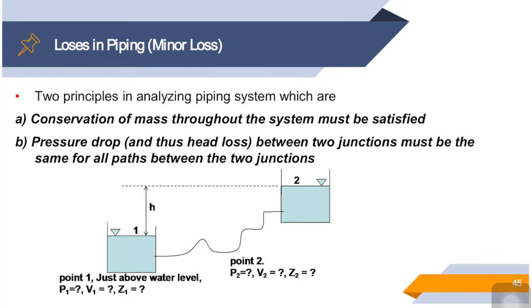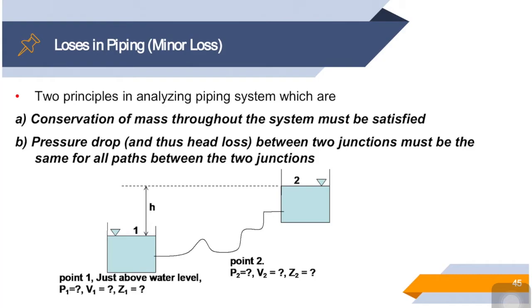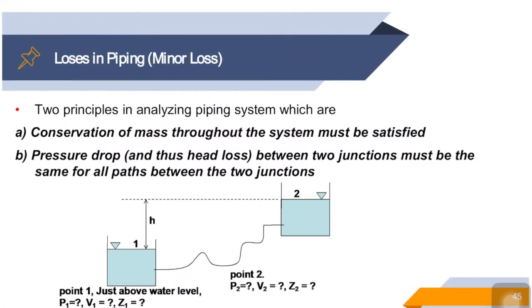So for instance, I have point number 1 and point number 2. Okay, so then the head loss will be along a path between 1 and 2. So for pressure drop, if I've got point number 1 and then point number 2, then whatever path I follow between these junctions, the pressure drop between the two junctions must be the same for all paths.